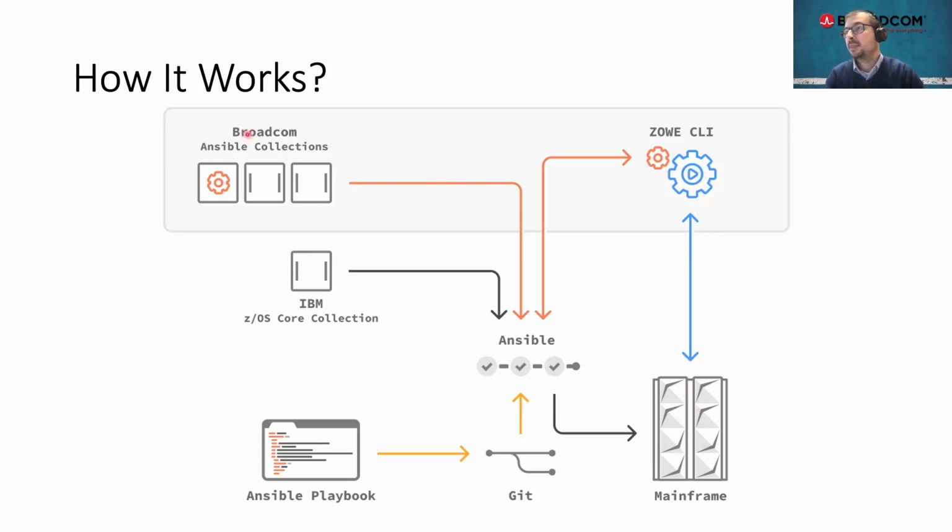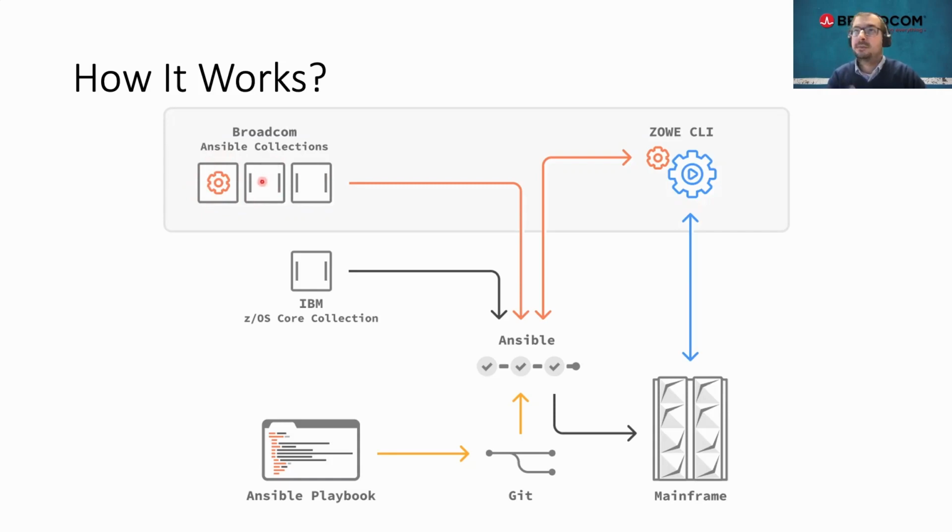How is it done? We leveraged the investment in the Zowe CLI plugins for our products, and use this as a wheel in the background for running the other collections. So we have one collection that consists of a special module and Zowe CLI core, and every other product collection is using this core collection.